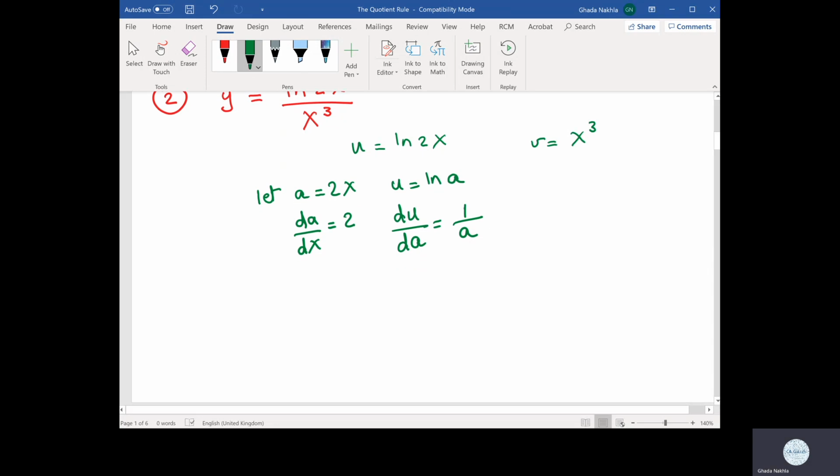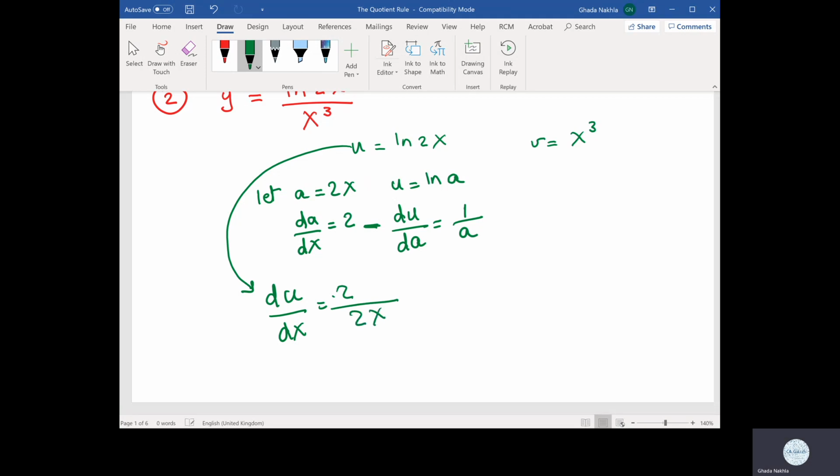From watching the video on the chain rule, du by dx is equal to 2 multiplied by 1 over a, which is 2 over a, and a is 2x. If you simplify it, you get 1 over x.